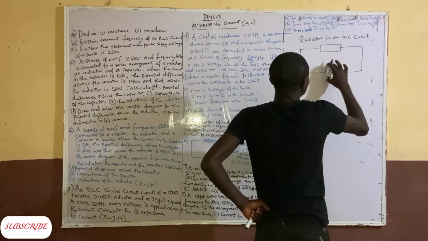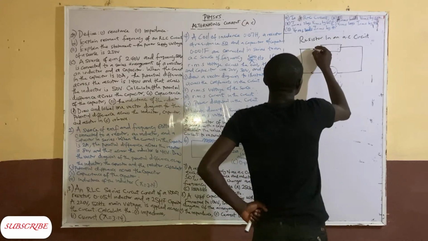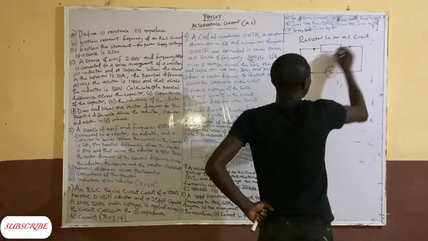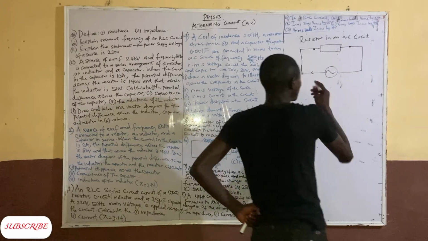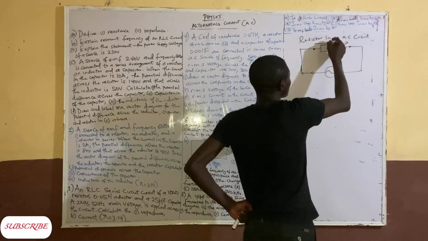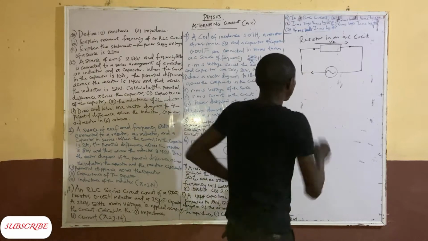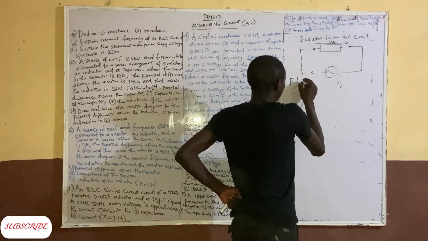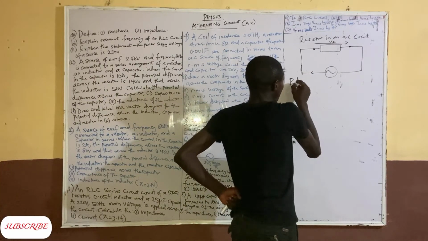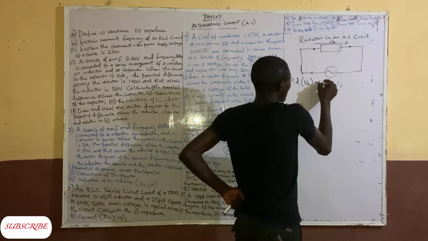This EMF source produces an EMF E, which causes a potential difference across this resistor. So the potential difference across this resistor is called VR, the PD, which is also denoted as VR, across the resistor.